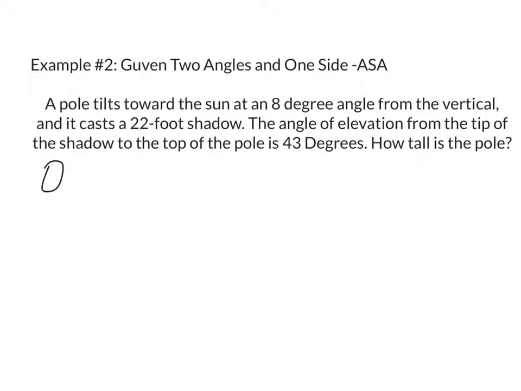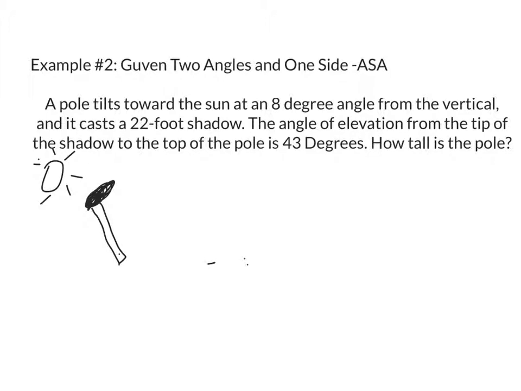Here's the sun, little sun. And we have a pole that tilts toward it. Let's say it's a light pole. It tilts toward the sun. If this is the ground.